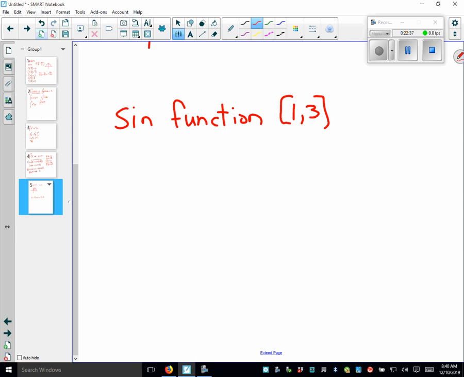Which means, average means 1 over what out front? B minus A, which is what? 2. 1 over 2 of the integral 1 to 3 of sine x dx.